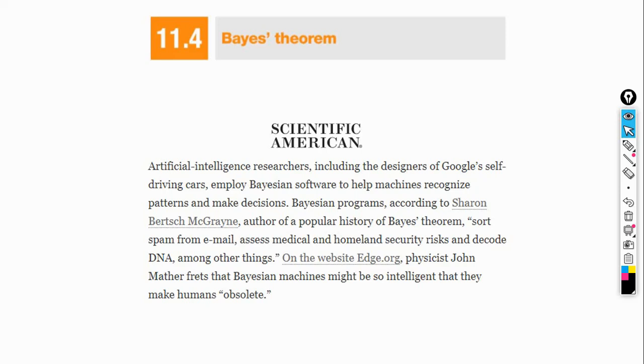Bayesian programs, according to Sharon Bertsch McGrayne, author of A Popular History of Bayes' Theorem, sort spam from email, assess medical and homeland security risks, and decode DNA, among other things. On the website edge.org, physicist John Mather frets that Bayesian machines might be so intelligent that they make humans obsolete. So there you go, that's something to think about.